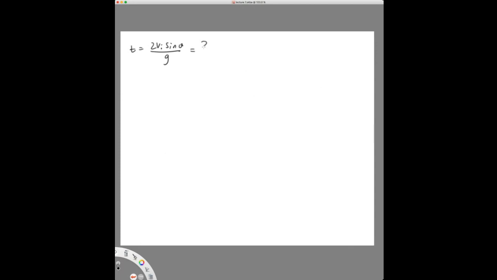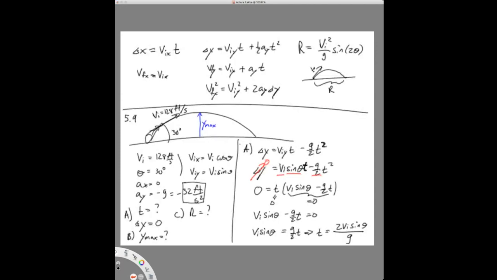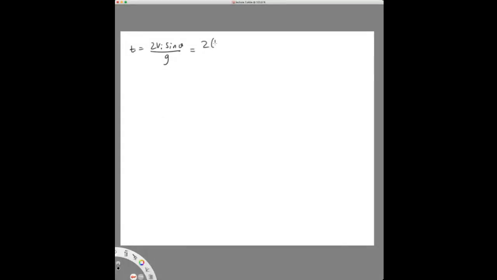And if I put in my numbers, I think it was 128 feet per second times sine of 30 degrees. And then we just divide by the value of g in the units of feet, which is 32 feet per second squared.